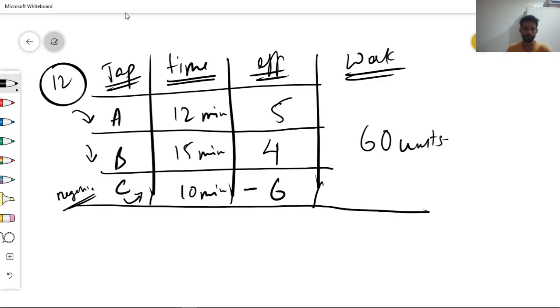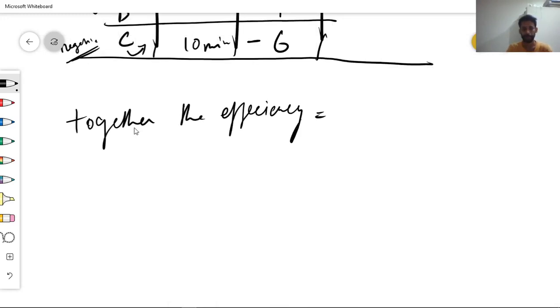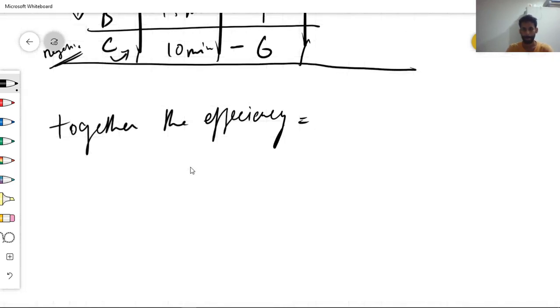So we got all the efficiencies. So efficiency together will be 5 plus 4 minus 6, that is 3.